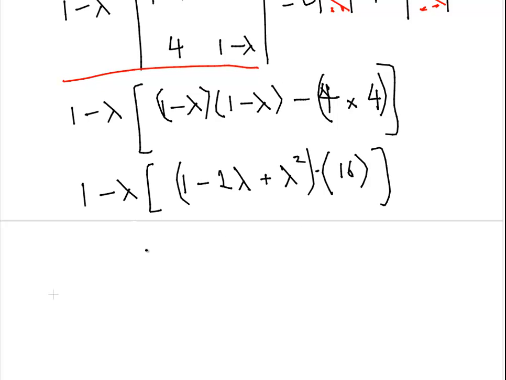To cut a long story short, what we have here is 1 minus lambda, which we're just going to leave out front, times lambda squared minus 2 times lambda, and we have 1 there and a minus, so minus 15.